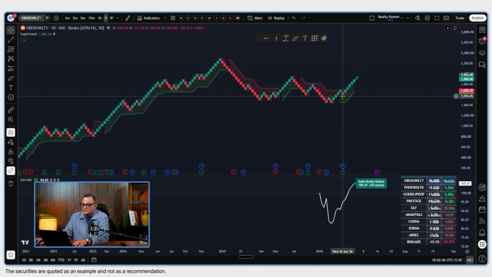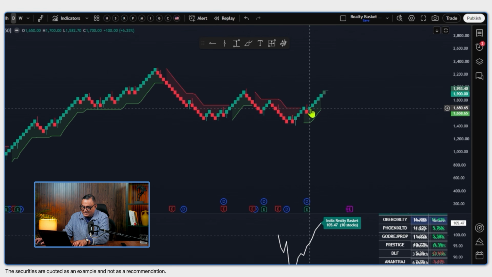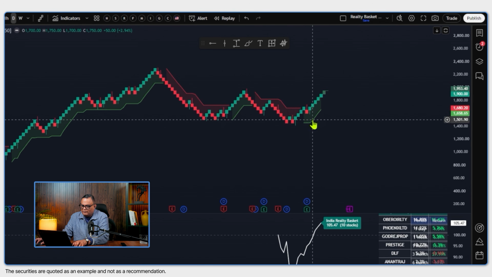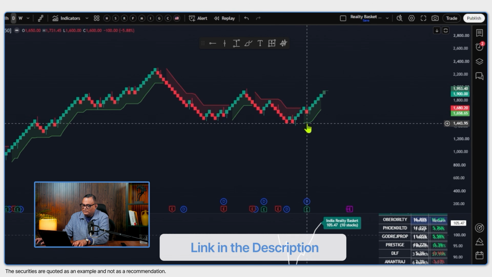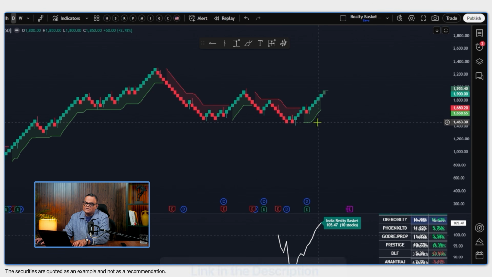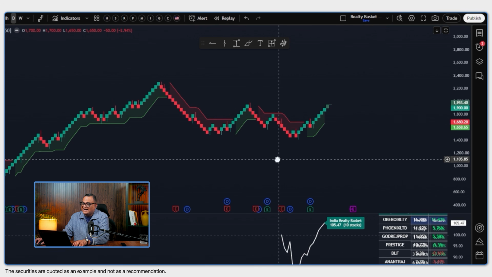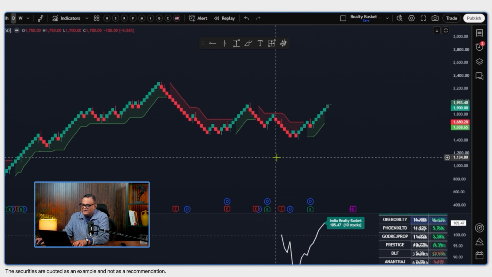It only shows us what the price is doing. So if the price has not moved for a given period, then it won't get updated in the chart. To know more about Renko, I will share a link which would explain how Renko works, because it can get a bit complex if you're not used to it. But in terms of showing you whether breakouts are happening or not, it's a very, very clear indicator.